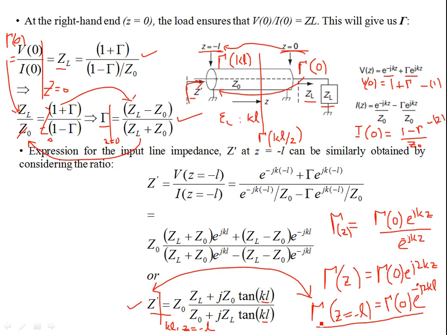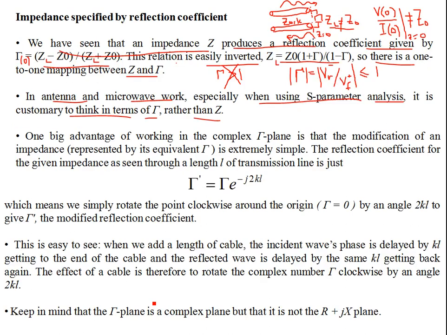If you know the reflection coefficient at, let's say, half the wavelength, or whatever electrical length you are interested in, you can find what Z is. So why do we need gamma? Let's have a look.